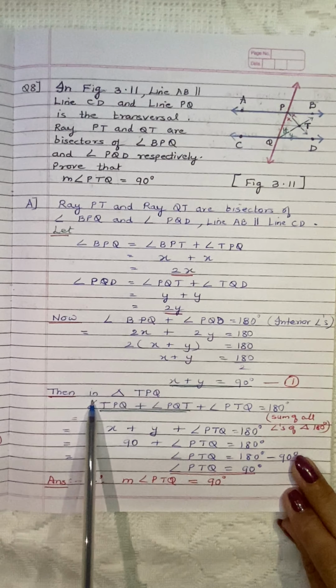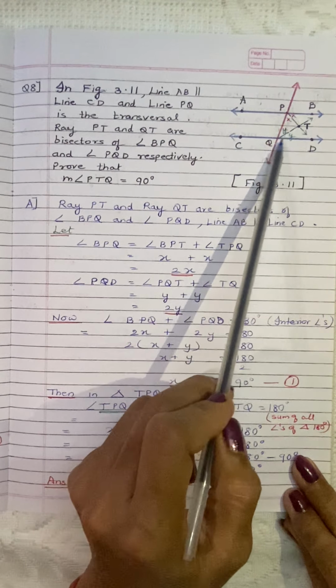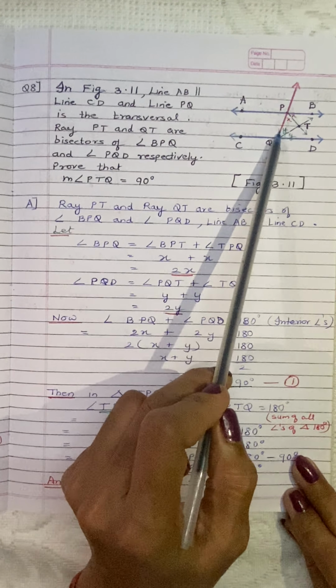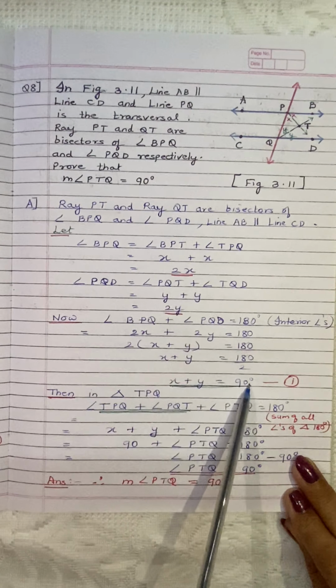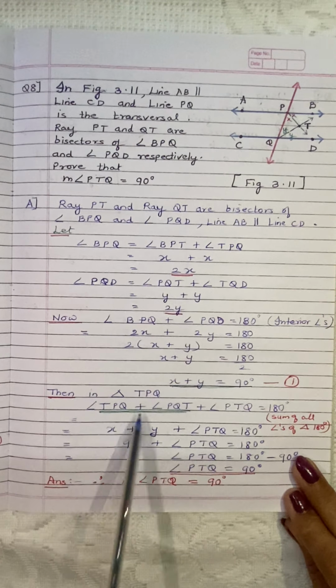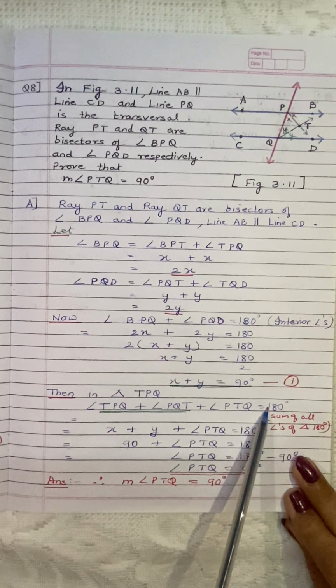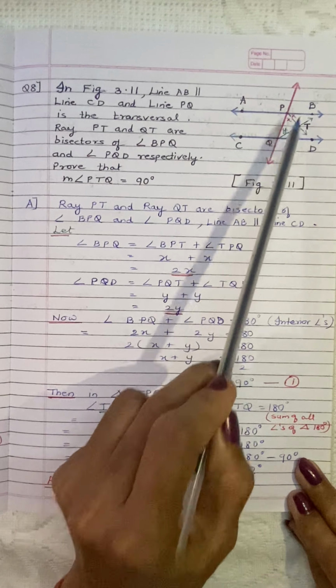Now in triangle TPQ, again using the property of a triangle, the sum of the measures of the three angles of any triangle is always equal to 180 degrees. We found x plus y is equal to 90. Naturally TPQ plus PQT plus angle PTQ is equal to 180 degrees. That is this angle plus this angle plus this angle.